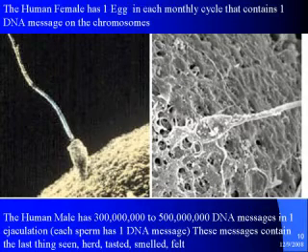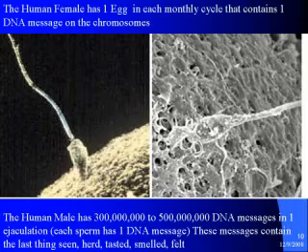One might think it's a coincidence, or one might think it's a reflection of a principle. But the way we're designed, the human female comes with 600 eggs in each ovary when she's born. Each egg has 1 DNA message.